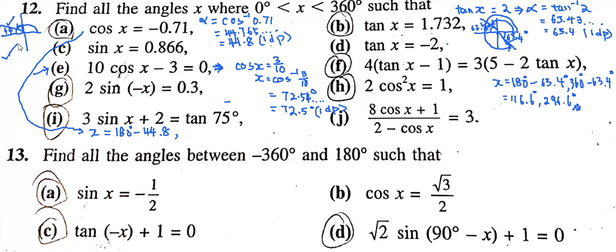and also the basic angle here in the third quadrant is 44.8. Okay, so in the third quadrant the angle is measured all the way until here. So the answer is 180, I mean from here all the way until here first, then plus the basic angle.